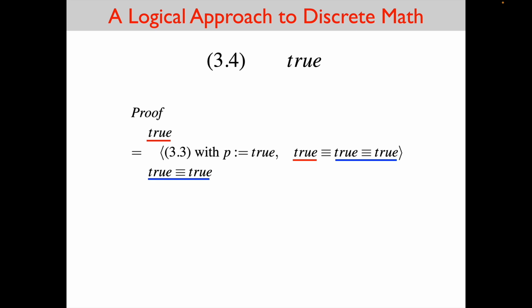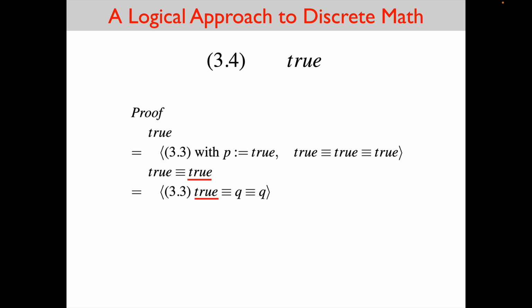With true equals true. And so now what is our next step? We're going to use 3.3 again. This time, we're going to use it in its form true equals Q equals Q. And how are we going to use it this time?